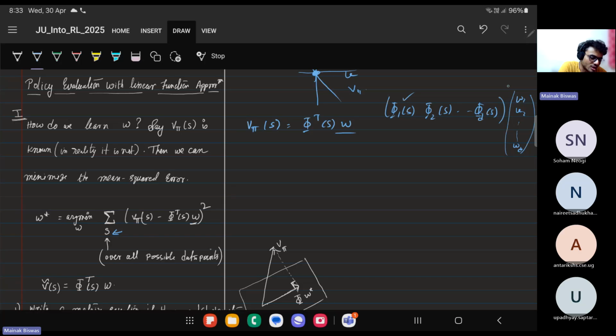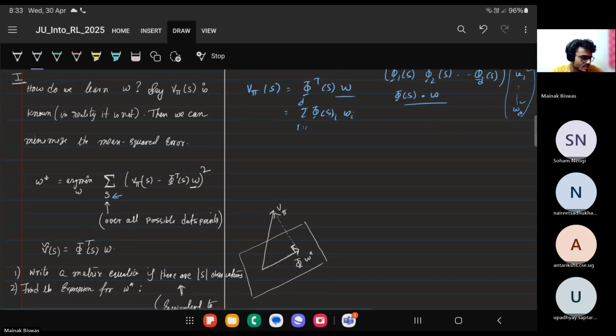If you just take the dot product, you just multiply corresponding coordinates and add them, just as in your school days, as I showed you. So this is basically the sum of phi_i of S times W_i, i equal to 1 to D. So we'll assume linear function approximation, and we'll try to learn it. How we learn it is what we'll try to do now.